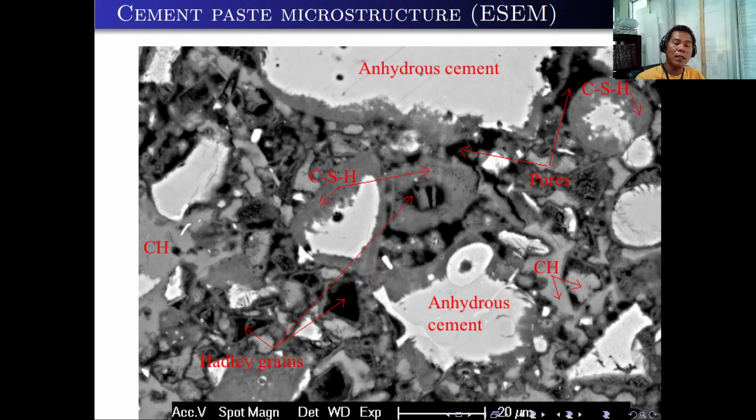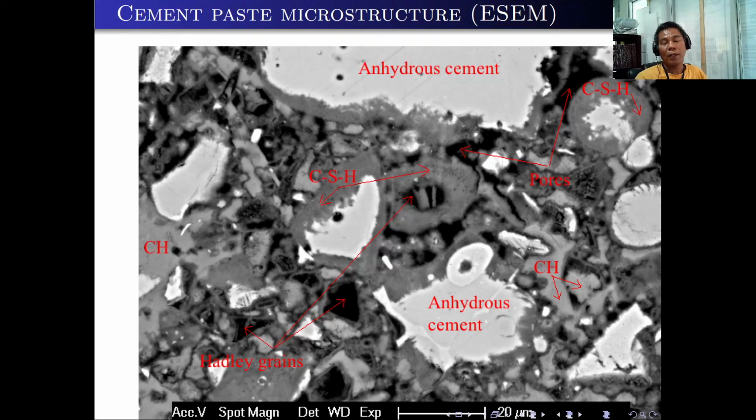As you can see, the dimension of the anhydrous cement, the white one, is around 20 microns. And the largest, I think, is 60 to 80 microns. This is in microns. This is very small. So as you can see, the white portion is actually anhydrous cement, meaning unhydrated cement.